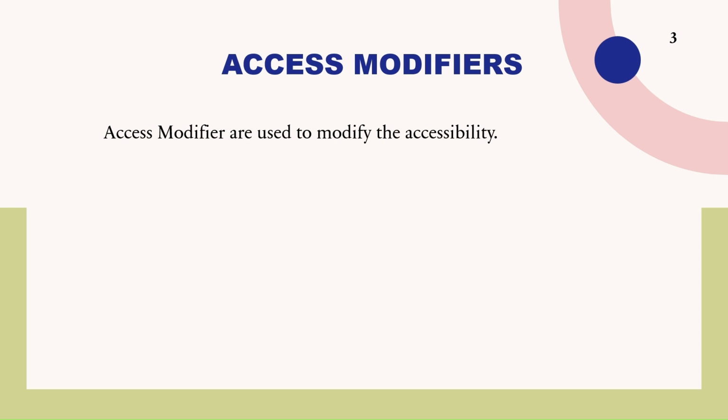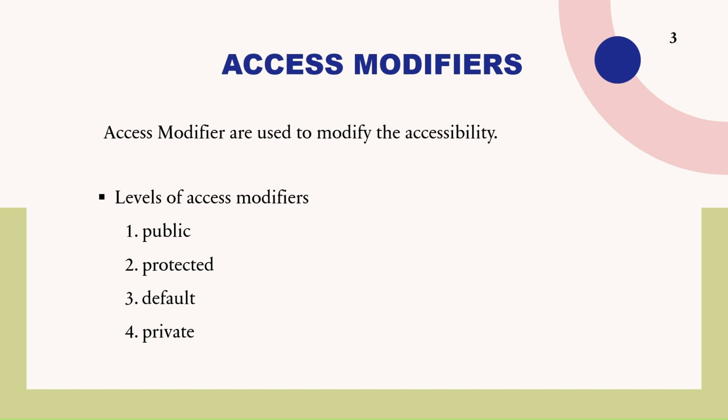Let's suppose if you make your method private, means you cannot access that method outside the class and outside the package. If you want to access, you have to use getters and setters to use that method indirectly.